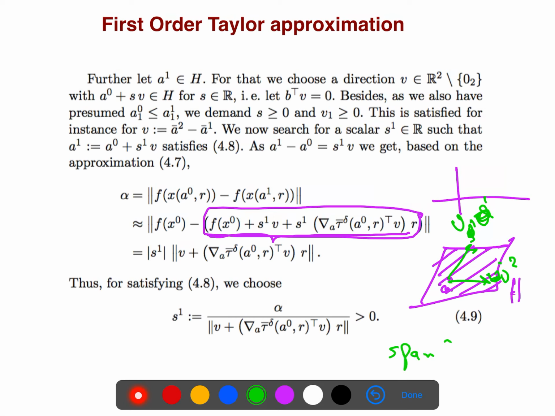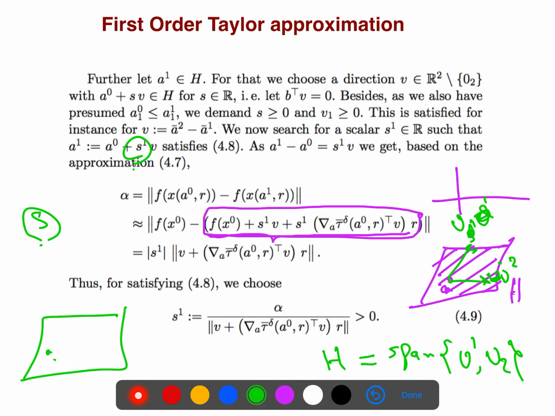The span of V1 and V2 is your hyperplane, and S is the amount that you go in that direction on the hyperplane.